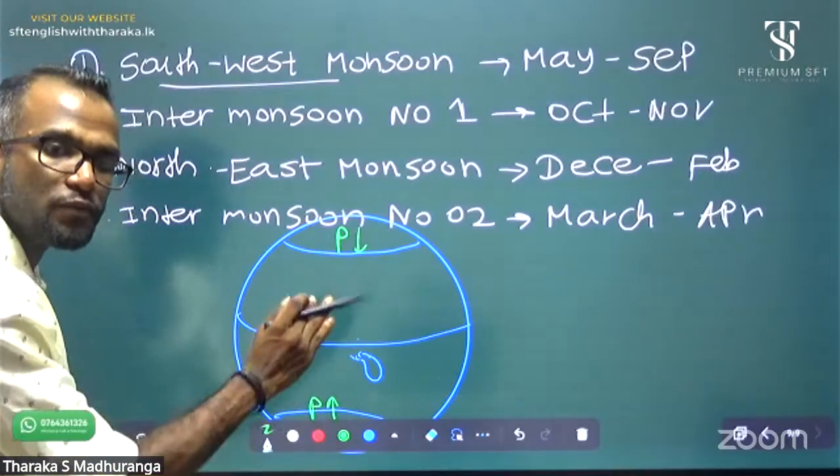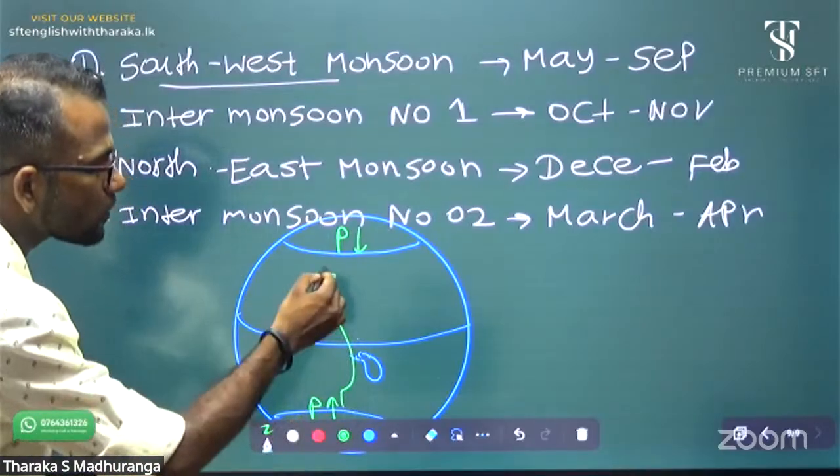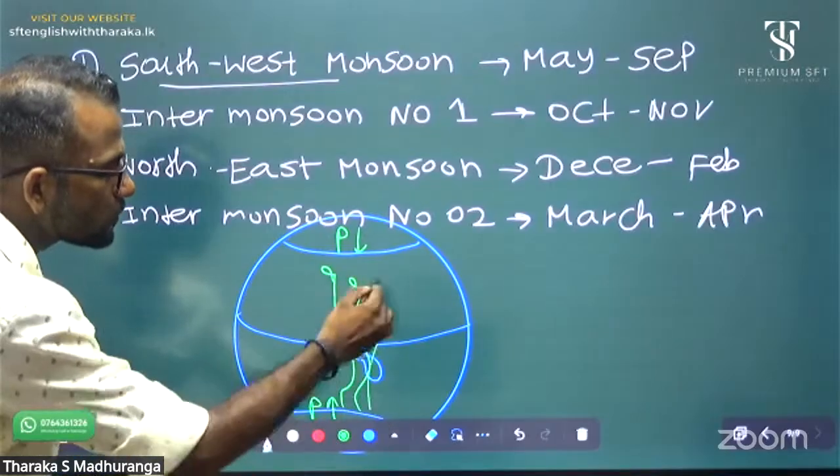Therefore, wind flows from the South Pole to the North Pole.